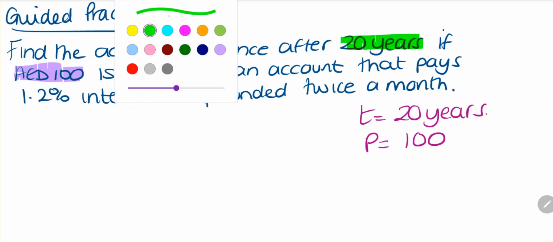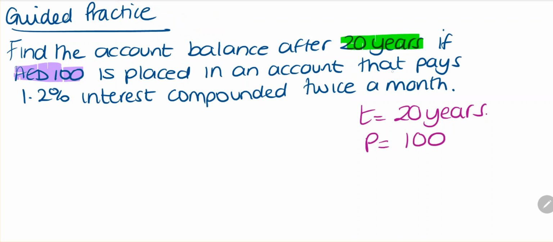And if we then have a look, placed in an account that pays 1.2% interest, so this is the rate. So 1.2%, we need to divide by 100, so 0.012.